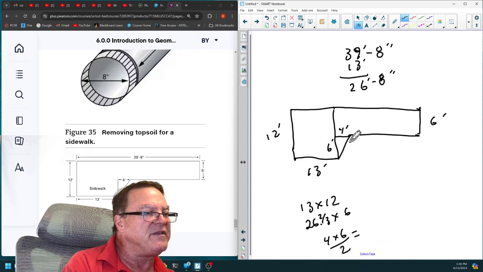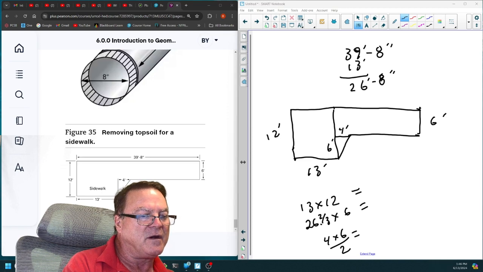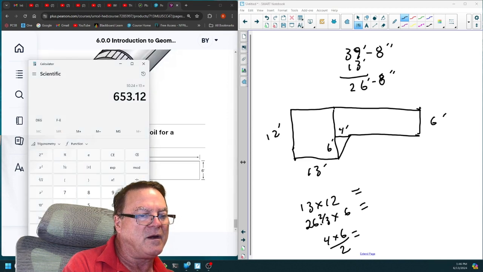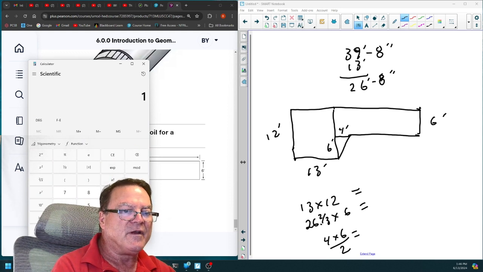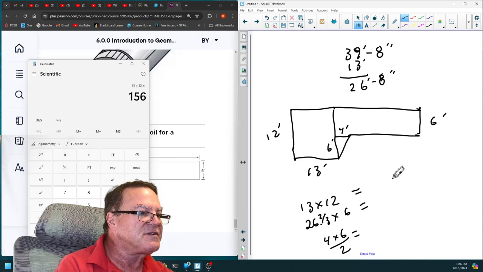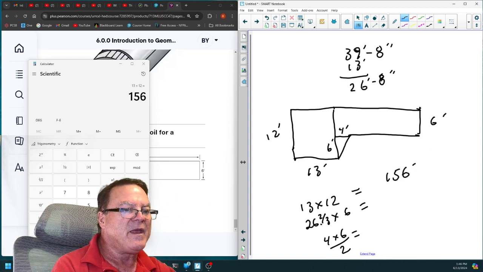And that'll give me the area of that triangle. So let's get our calculator. And we have 13 times 12 is 156 square feet.